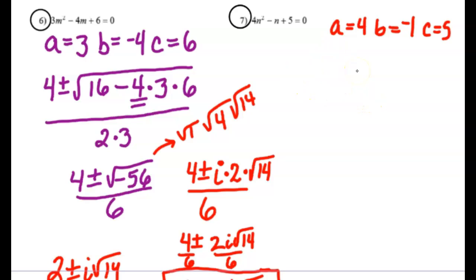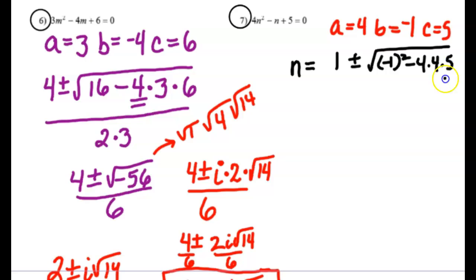And you have to memorize the quadratic formula. That's the first question on the quiz for that section, is to write out the quadratic formula. I would think you've had to memorize it before now. So N equals, opposite of B is 1, plus or minus the square root of B squared minus 4 times A, which is 4, times C, which is 5.